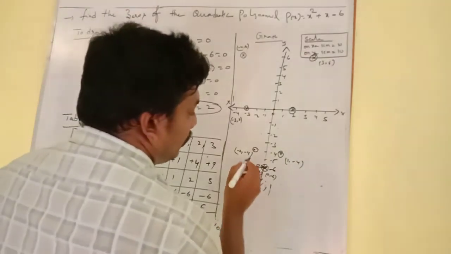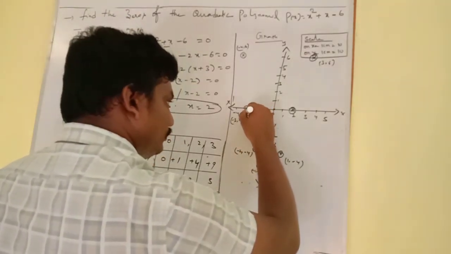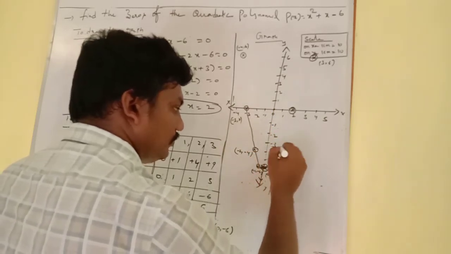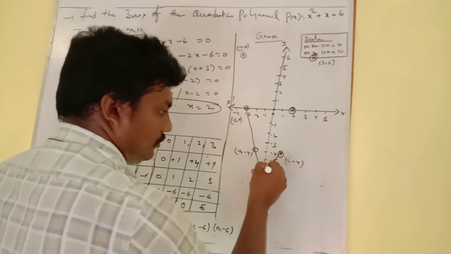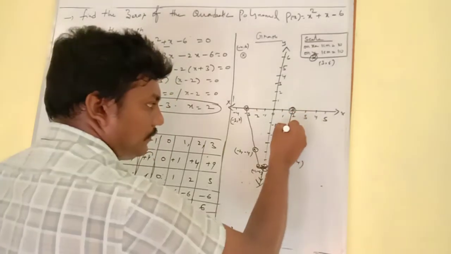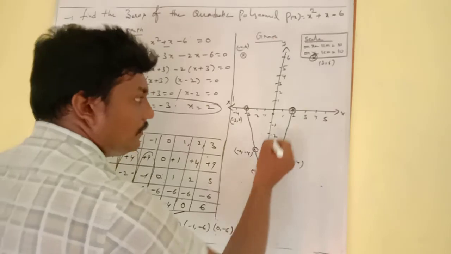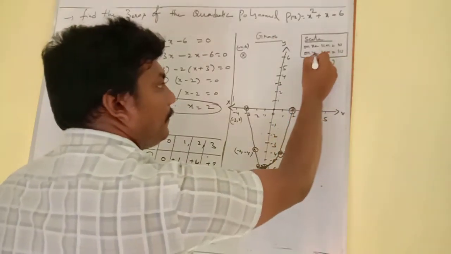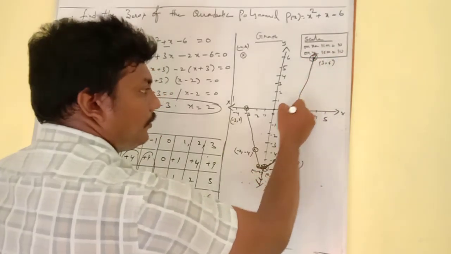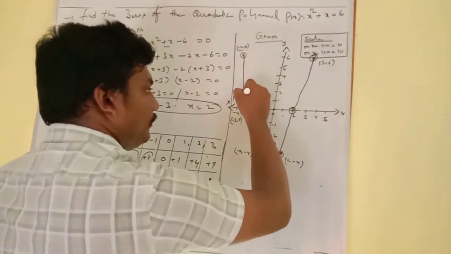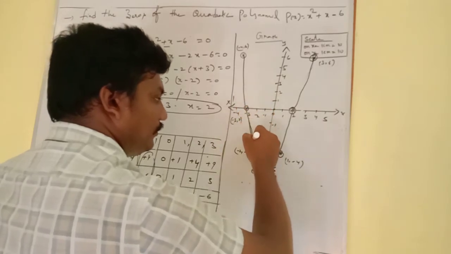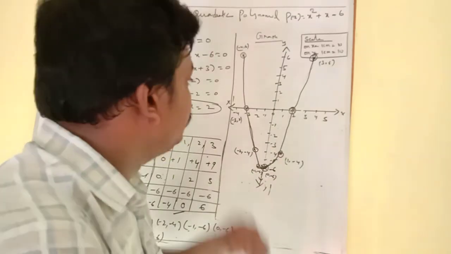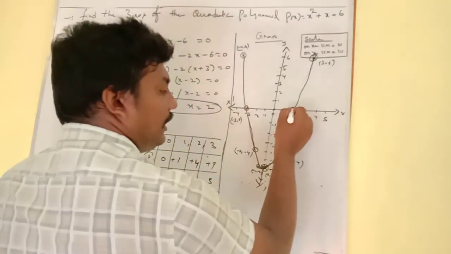Now you have to draw the graph. You have to draw it with a freehand smooth curve, whenever it touches minus 3 and plus 2.